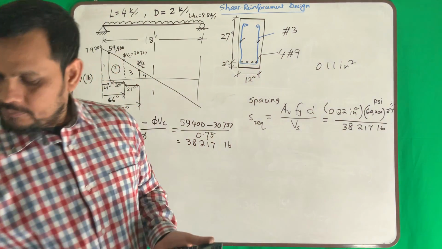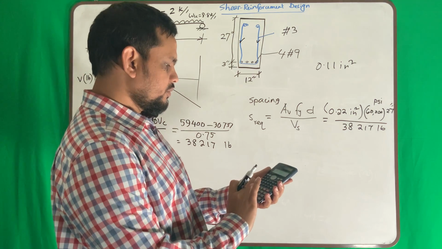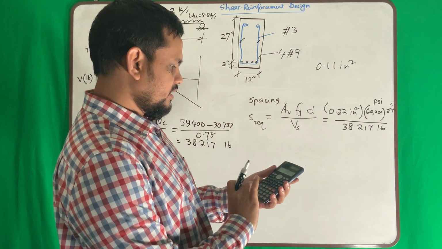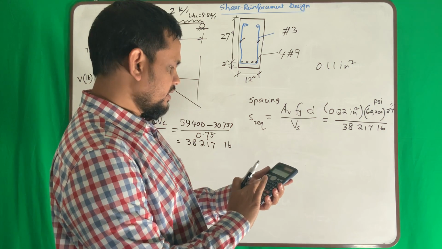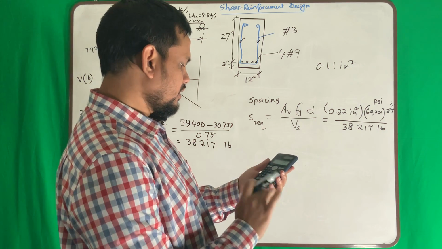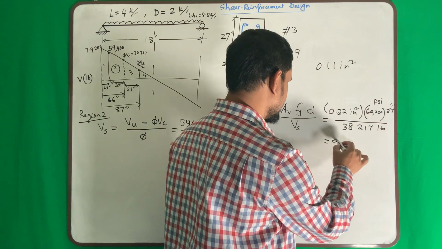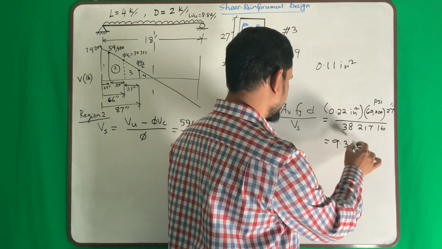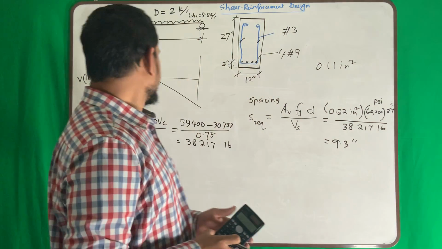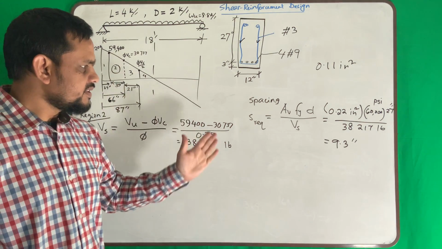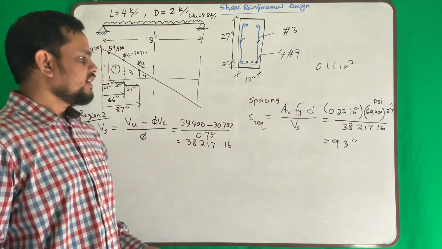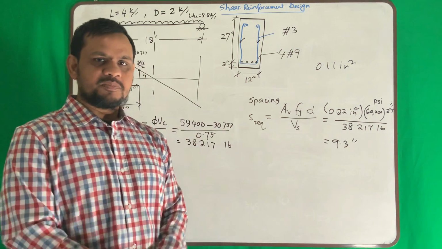If I write here, 0.22 times 60,000 times 27 divided by 38,217. I got distance 9.3 inch. That means in this region, my reinforcement spacing will be 9.3 inch. Now that is the required spacing.